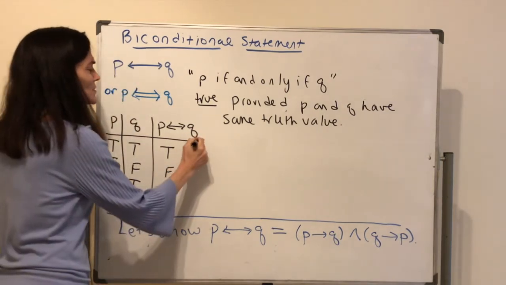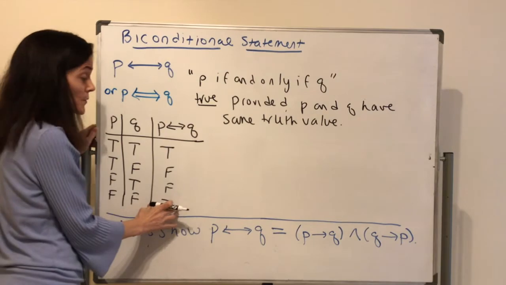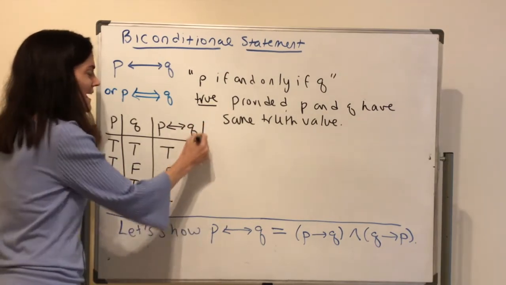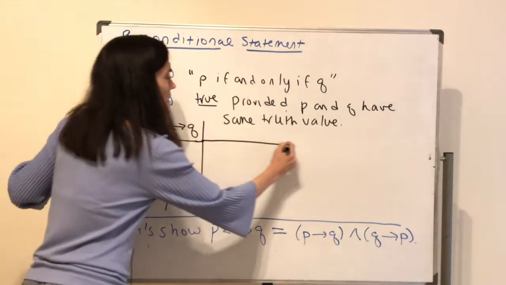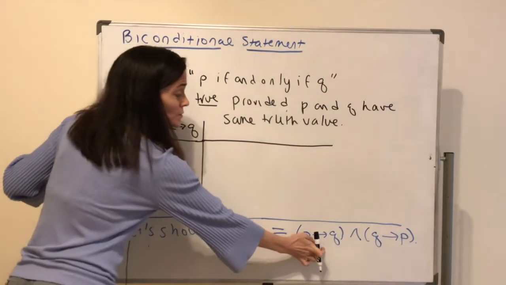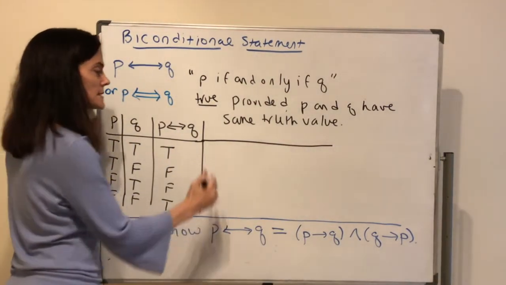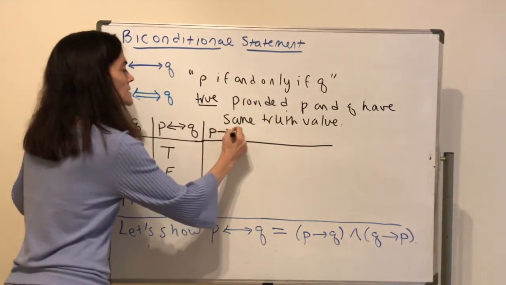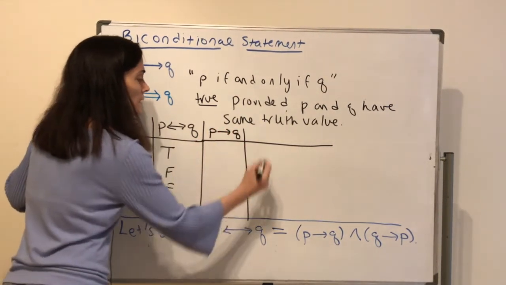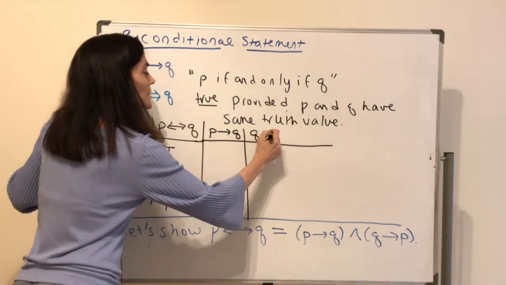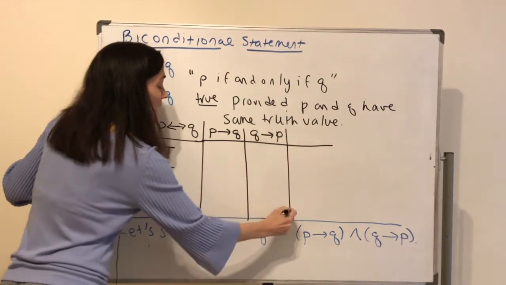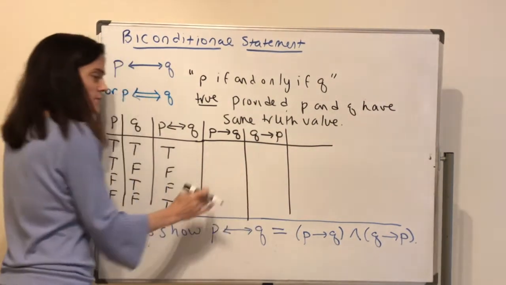You see I already have a column for P if and only if Q, and then I can just make enough intermediate columns to get myself to this right-hand side. We need a column for P implies Q, a column for Q implies P, and then we AND these two columns.